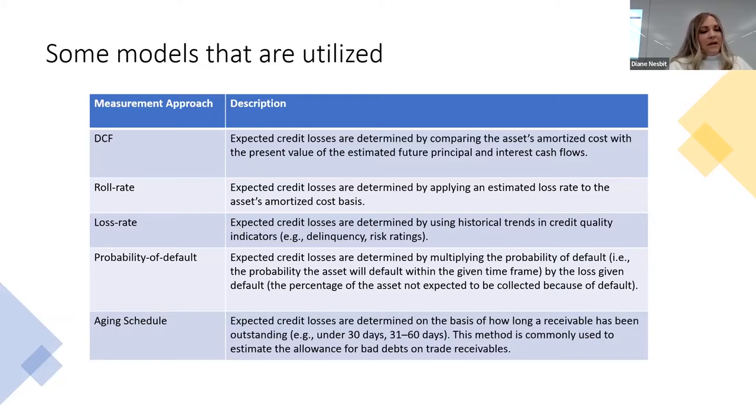Then your probability of default, where expected credit losses are determined by multiplying the probability of default by the loss given default. And then lastly, your aging schedule. This one's pretty straightforward also. You're looking at how long a receivable has been outstanding, and this method is commonly used to estimate the allowance for bad debts on trade receivables.